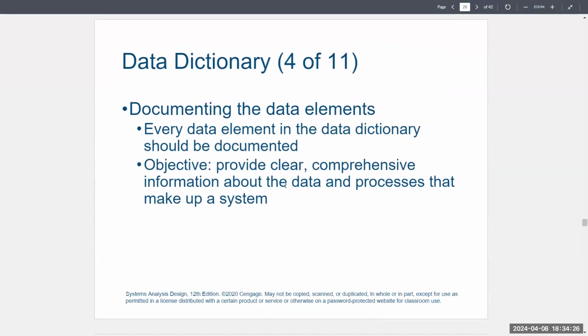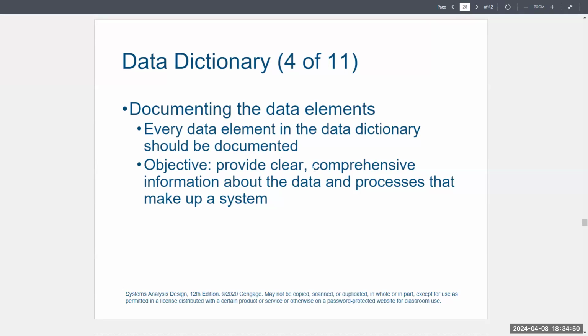Moving on from that, we talked about data dictionary, documenting. So as a system analyst, you may have to understand the existing data structure, or based on your discussion, maybe there is a need for creating a new entity or a table that has several different data elements, right, or fields.